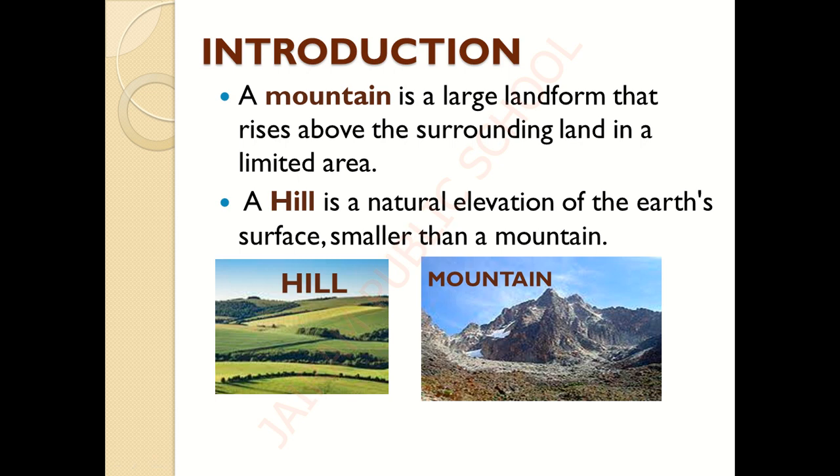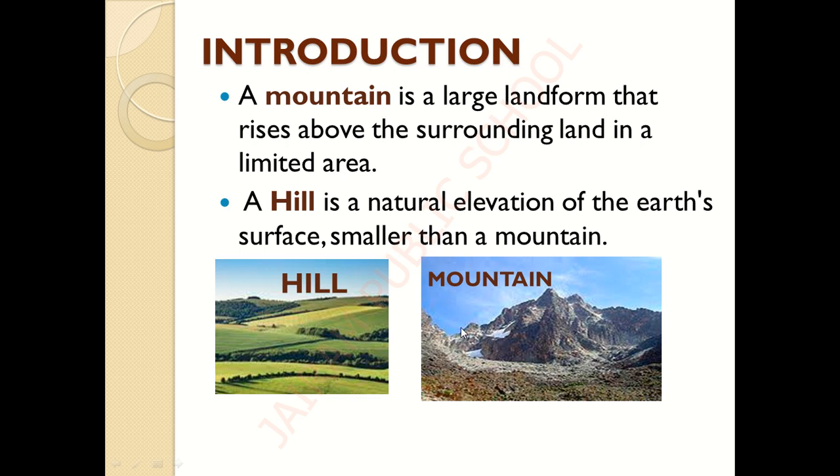Whereas with this mountain, you can see the height difference between a hill and a mountain, isn't it? The mountain is very tall compared to the hill. It can be seen as a more elevated landform created over the earth surface. So the height difference is the major difference between the hill and the mountain. This is the first difference we can say, which is a hill and which is a mountain.